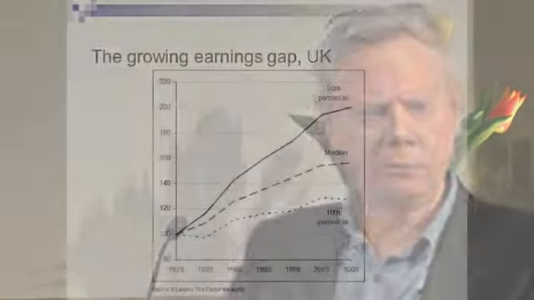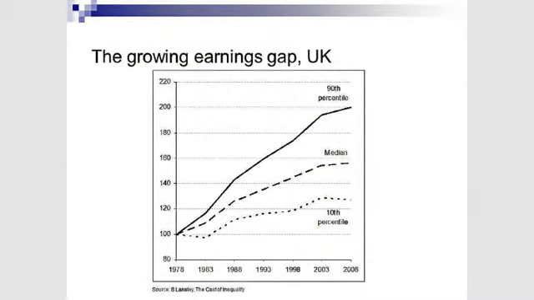This is a graph with an index of 100 in 1978, and this shows the increase in wages over the last 30 years after adjustment for inflation for those at the bottom of the wage hierarchy, those in the middle, the median, and those at the top.